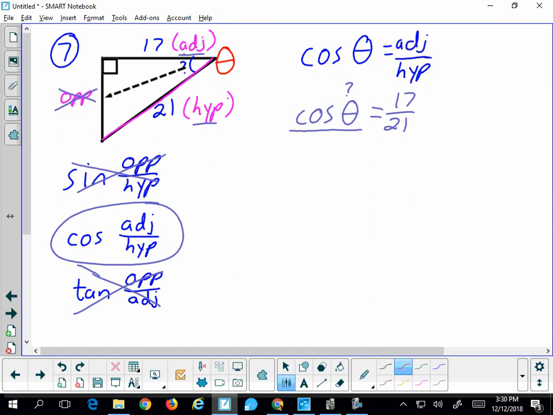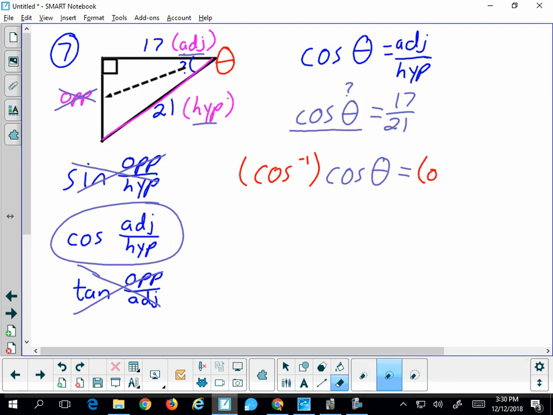So I'll end up with cosine -1 times cosine of theta equals, well, what did I include over on the left side? It would be my cosine -1 of 17/21.